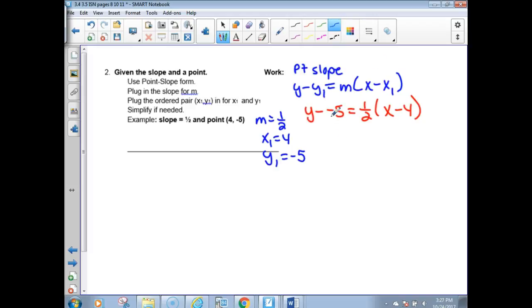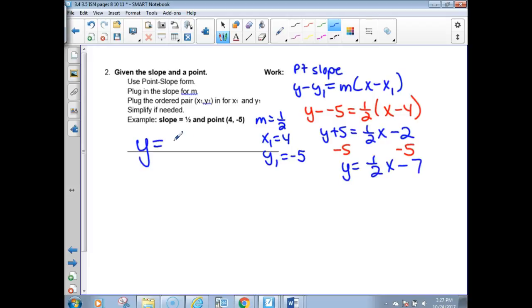We are working on that today. Simplify it to y plus 5 equals 1/2 times x, 1/2 x minus half of 4, which would be 2. You finish the problem by subtracting 5 from both sides to get y isolated. You get y equals 1/2 times x minus 7, and that would be your final answer in slope-intercept form.